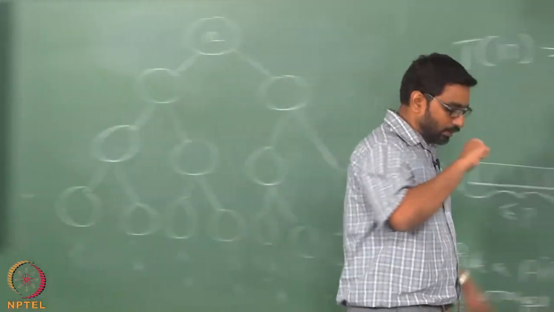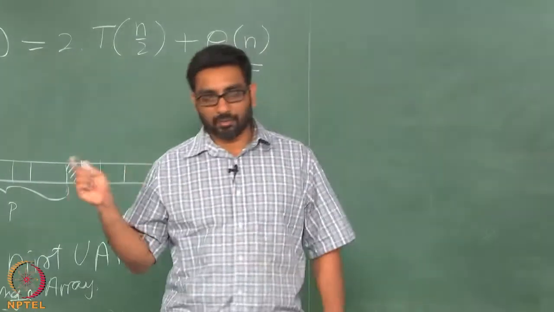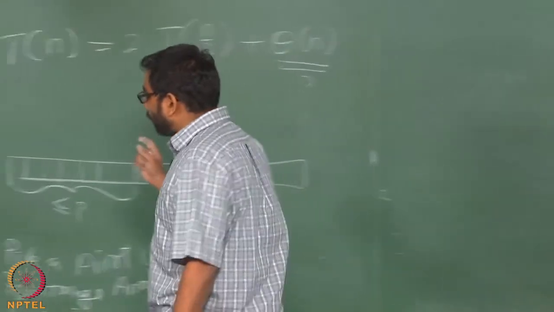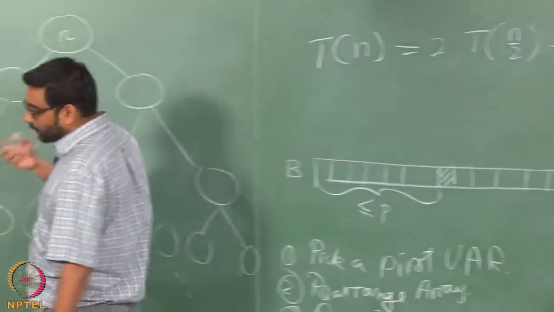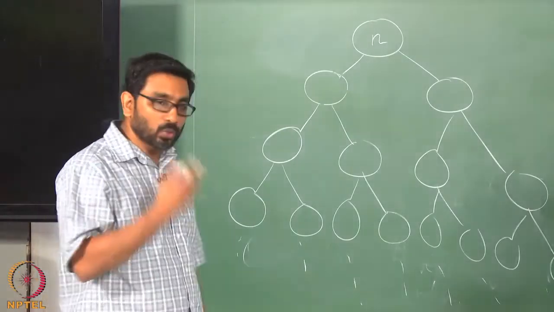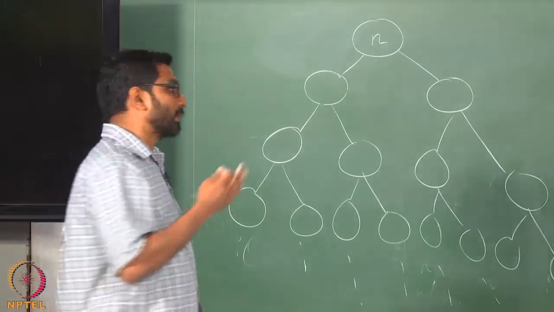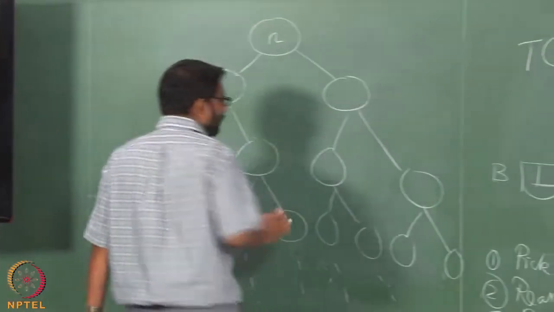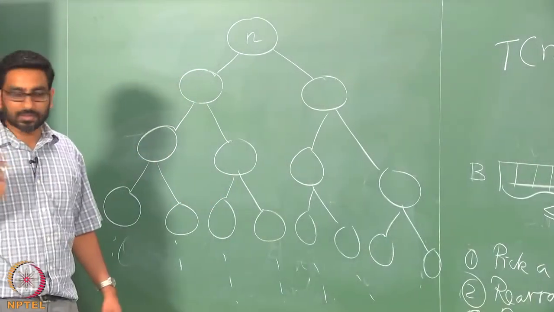We want to get a handle on the running time of this algorithm. As you may be aware, in a lot of sorting algorithms, we don't really compute the actual running time, but rather the number of comparisons. So we're going to be concerned about the number of comparisons.